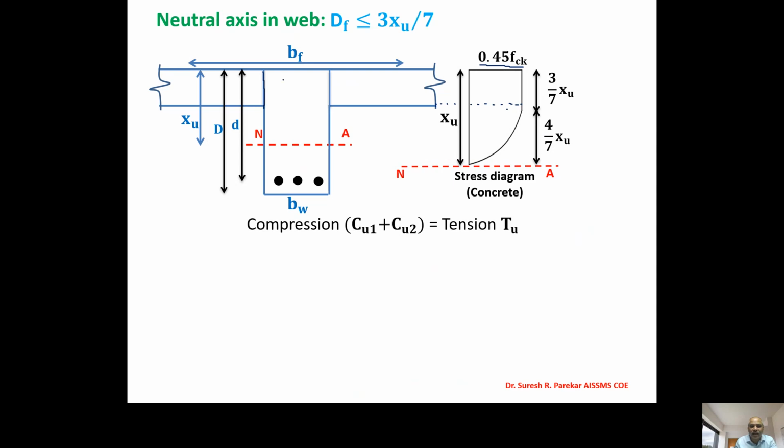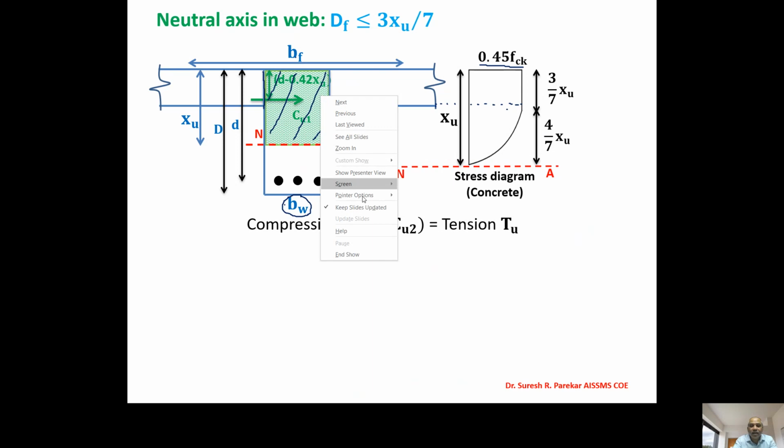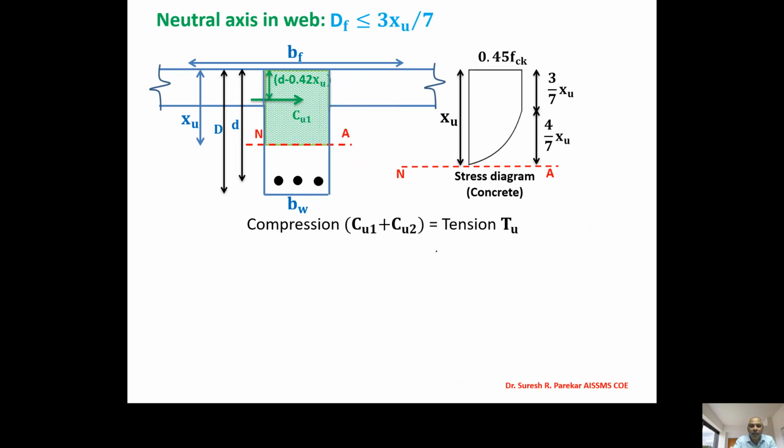We have this as the rectangular part, where we will use 0.36 FCK XU into BW, and then the remaining part, which is BF minus BW, which is on both sides. So you can see this will be CU1. CU1 is related to the rectangular block with width BW. And then we can have CU1 as 0.36 in the same way.